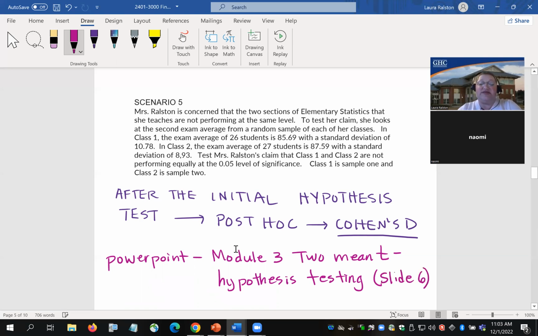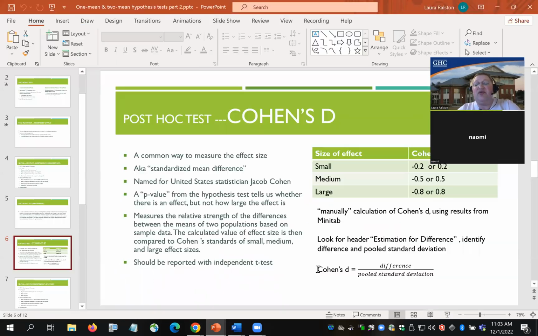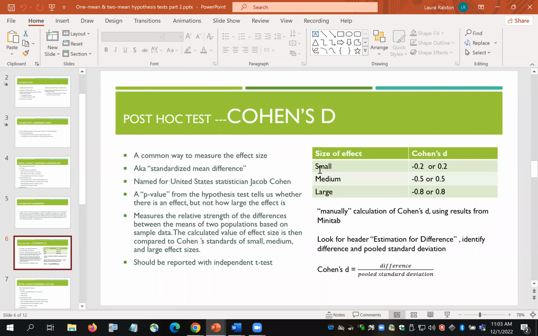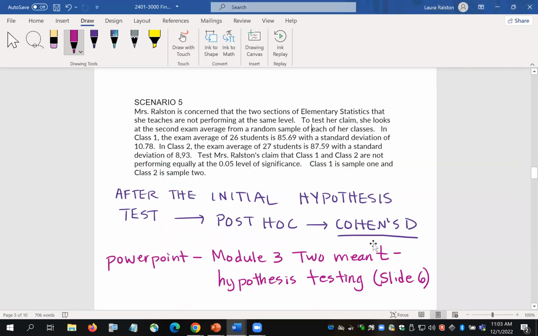Really for two reasons. One is on slide 6, it gives you the formula for calculating Cohen's d, but it also gives you the table that we use for determining the size of the effect, because that's the follow-up question at D2L. So the formula is you take the difference divided by the pooled standard deviation.